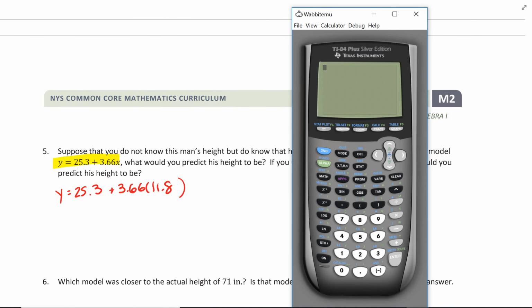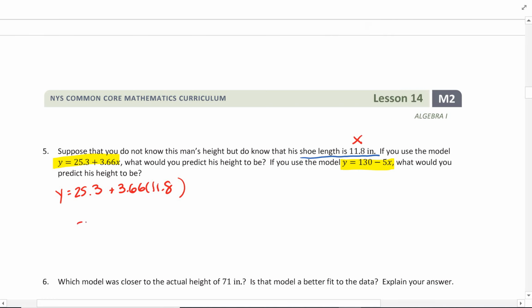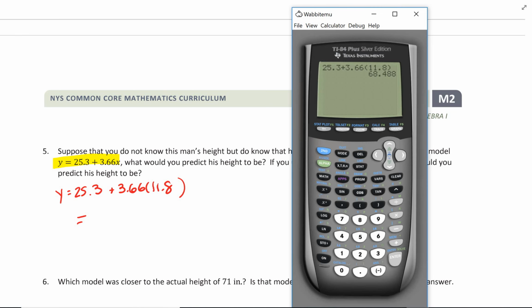I'm going to turn it on first. 25.3 plus 3.66 times 11.8, sorry, and that's going to be 68.488.